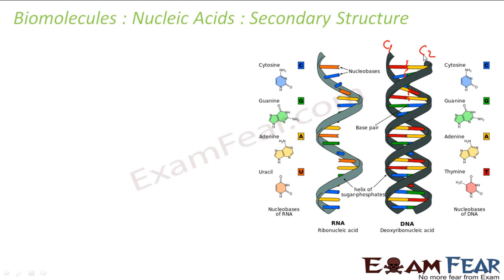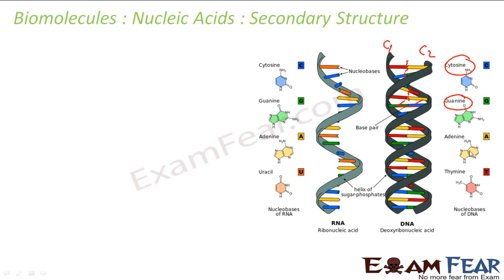Between this pair of bases, we have hydrogen bonding, and only certain pairs complement each other. For example, guanine will form a bond with cytosine. If you see, green and blue will form a bond. Similarly, adenine will form a bond with thymine.